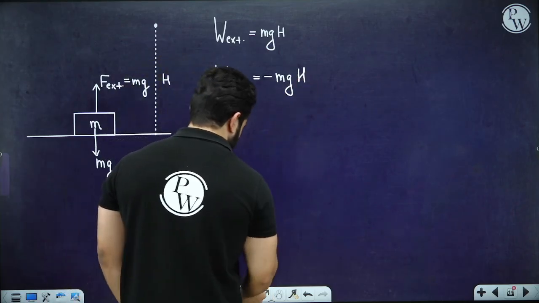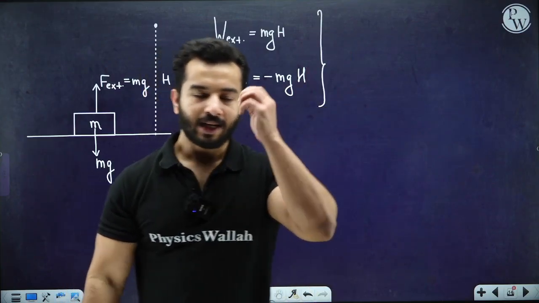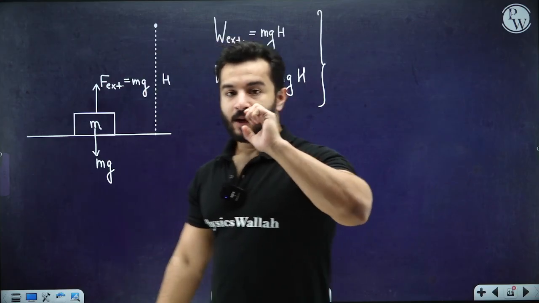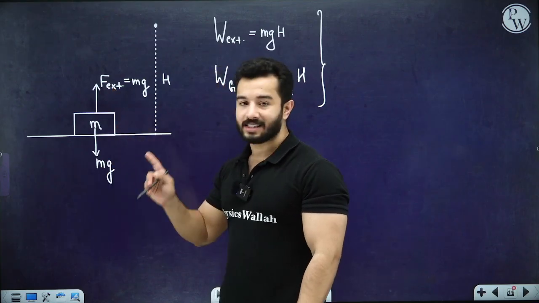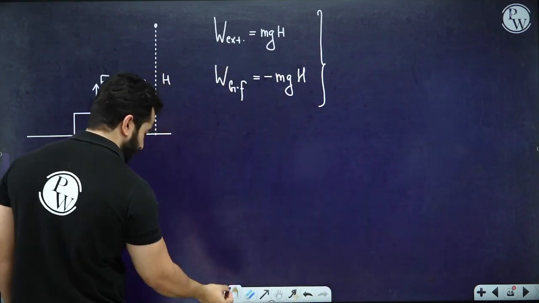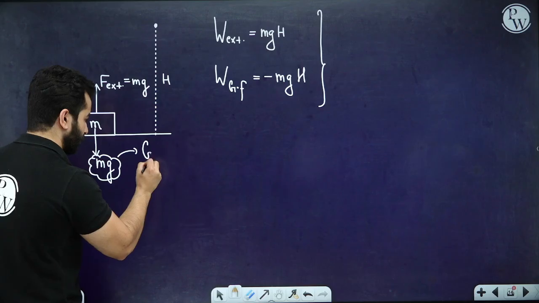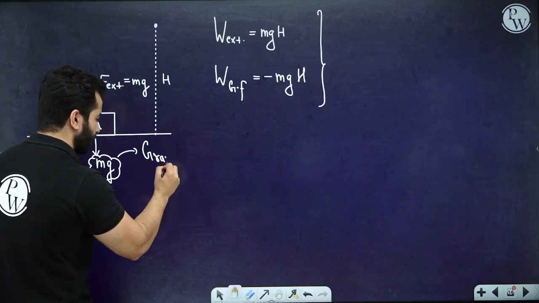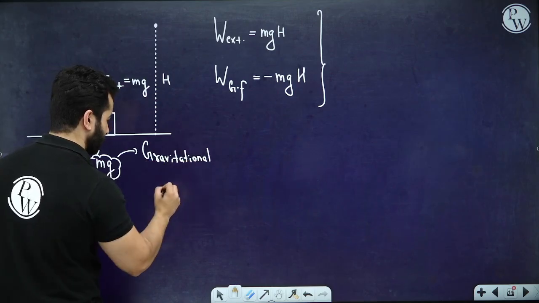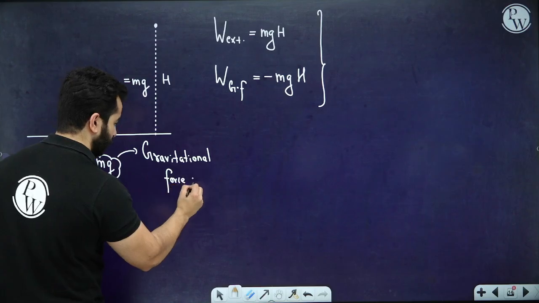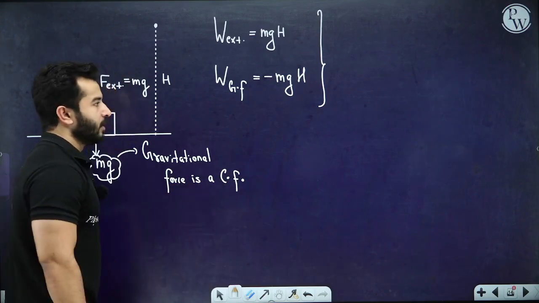Now these two things are quite easy to understand, but when we talk about that recoverable thing, the work done by or against a conservative force, so this is the conservative force that we are talking about. Gravitational force is a conservative force. Right?